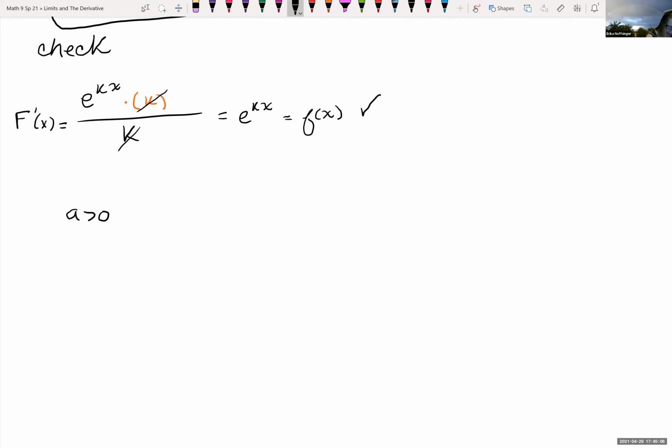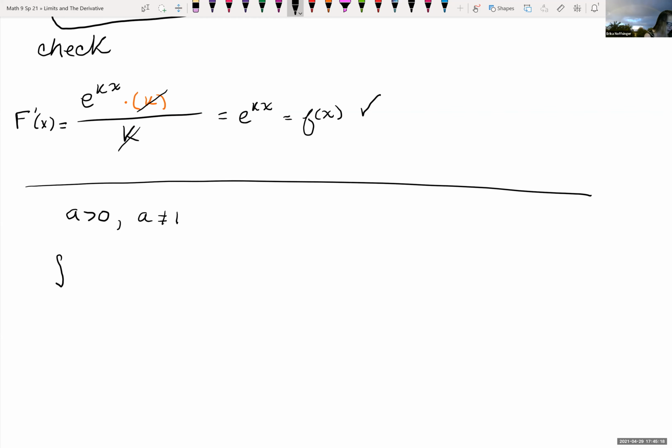If a is greater than 0 and a is not equal to 1, then the antiderivative or integral of a raised to the x power dx is a to the x, all divided by the natural log of a, plus c.